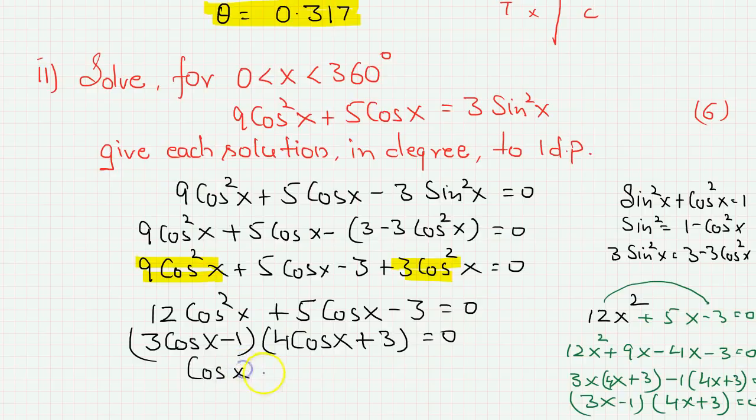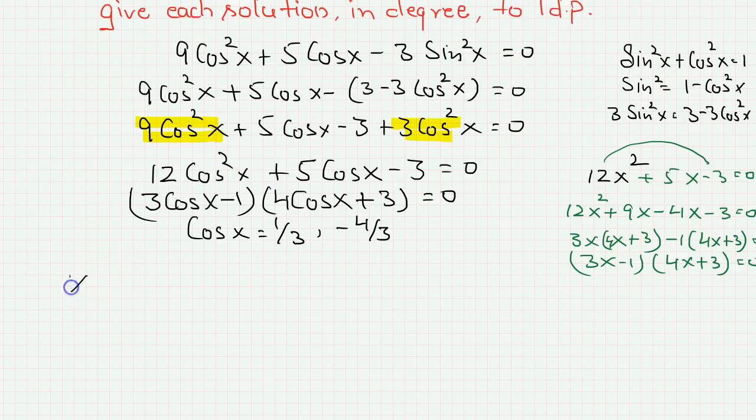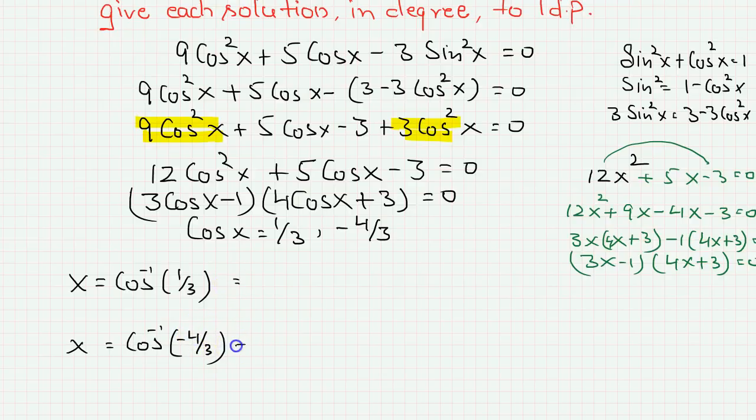So cos x will be 1 over 3 and minus 3 over 4. So these are the two values of cos. Now we have x is equal to cos inverse 1 over 3, and x is equal to cos inverse minus 3 over 4.